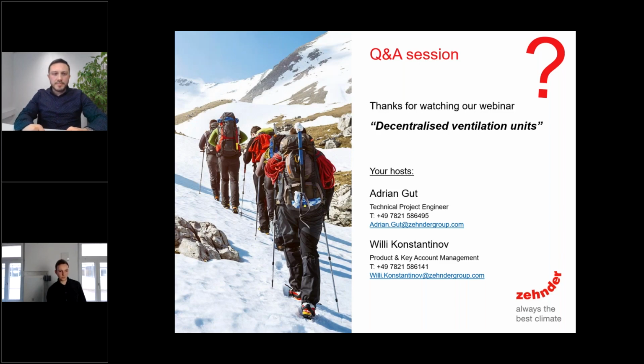Another question is what happens if the outdoor temperature is 40 degrees. If you have 40 degrees outside and you're sitting in your apartment, you still need to have an exchange, because if people are in the building, the CO2 level goes up.